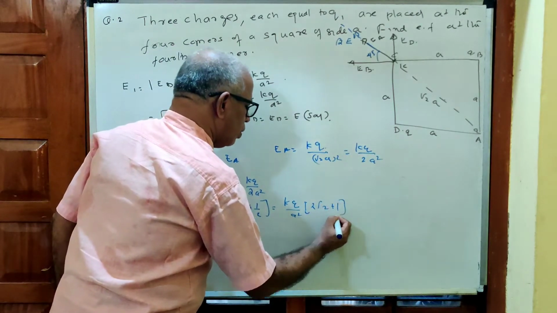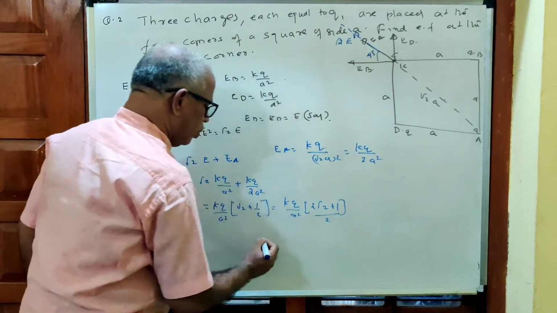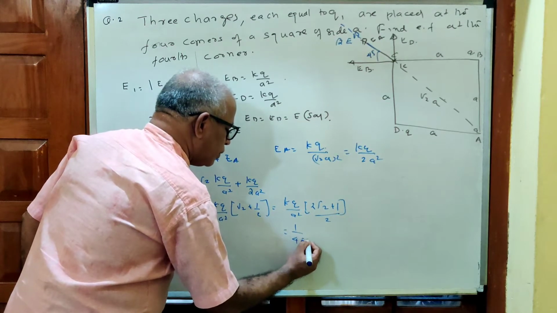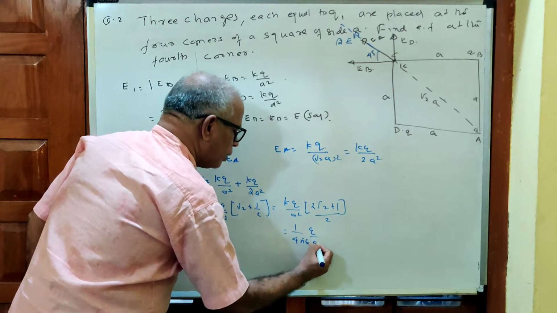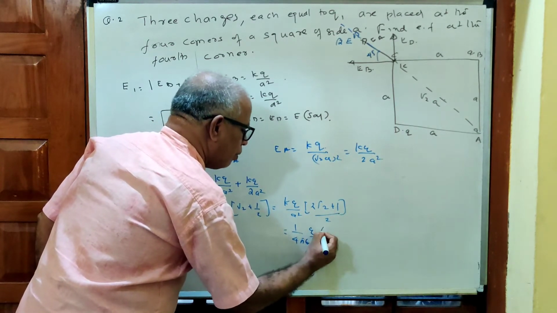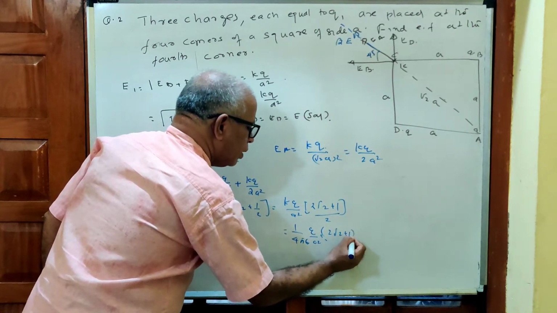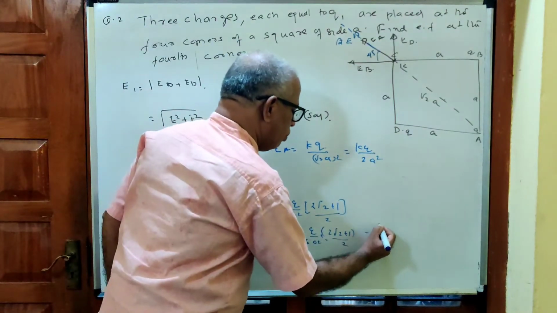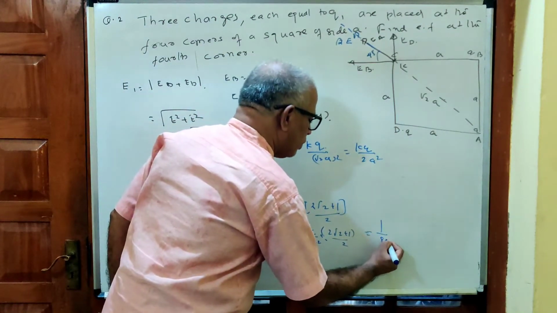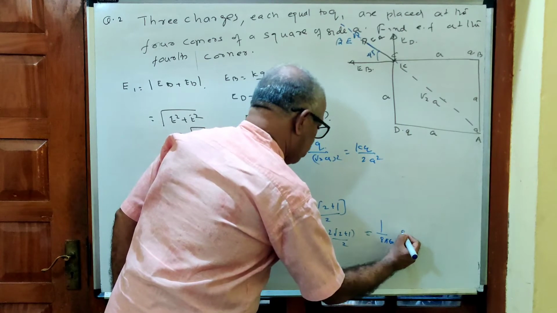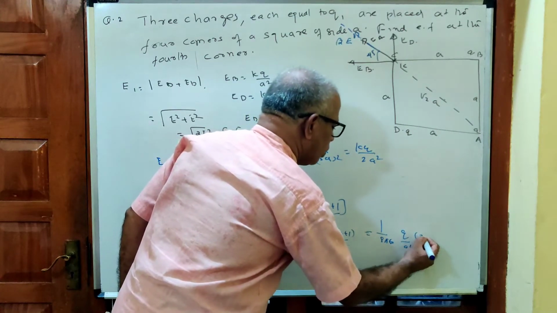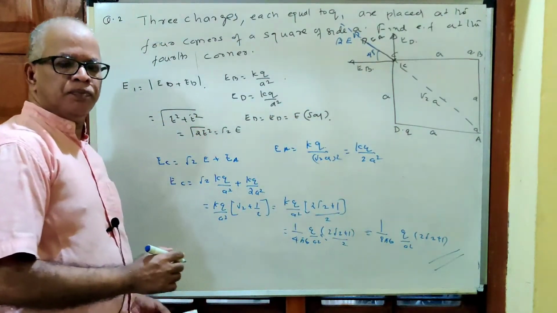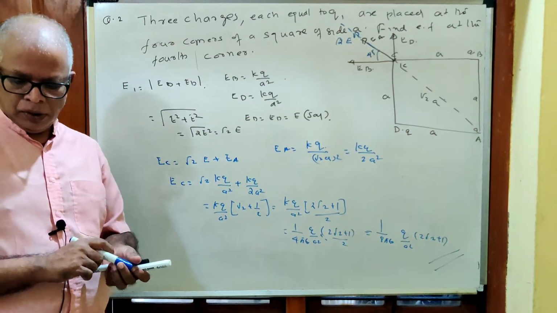That is KQ by 2a square into 2 root 2 plus 1, or 1 by 8 pi epsilon 0 Q by a square into 2 root 2 plus 1. I hope it's okay. It's a very simple sum. Okay, we'll go to the next sum.